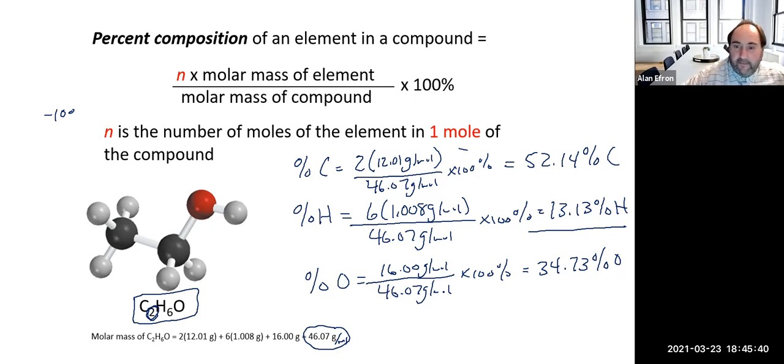So this is a very common approach that's used in the laboratories to help us find a certain type of formula for a particular compound, maybe even an unknown compound. And that is what is referred to as the empirical formula.